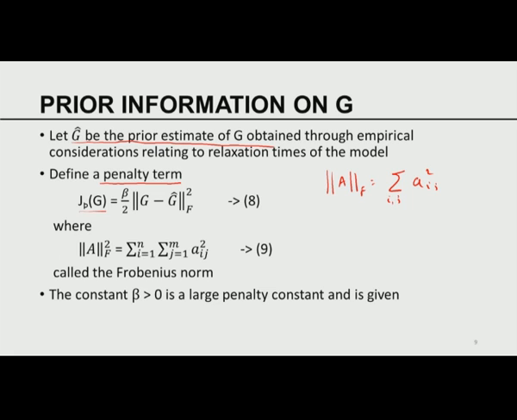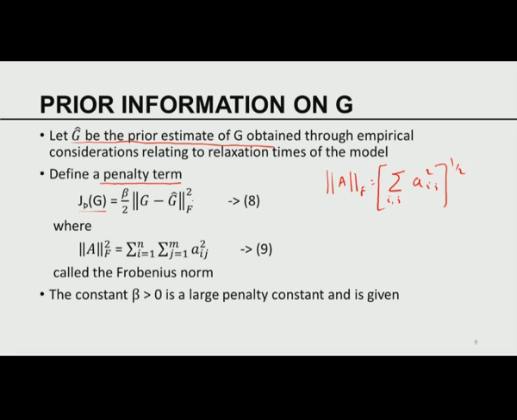It is something like the Euclidean norm. I simply take the sum of the squares of all the elements of the object. If it is a vector, there is one set of objects; if it is a matrix, there is another set. So it is simply the sum of squares, and the square root of that, which is called the Frobenius norm.